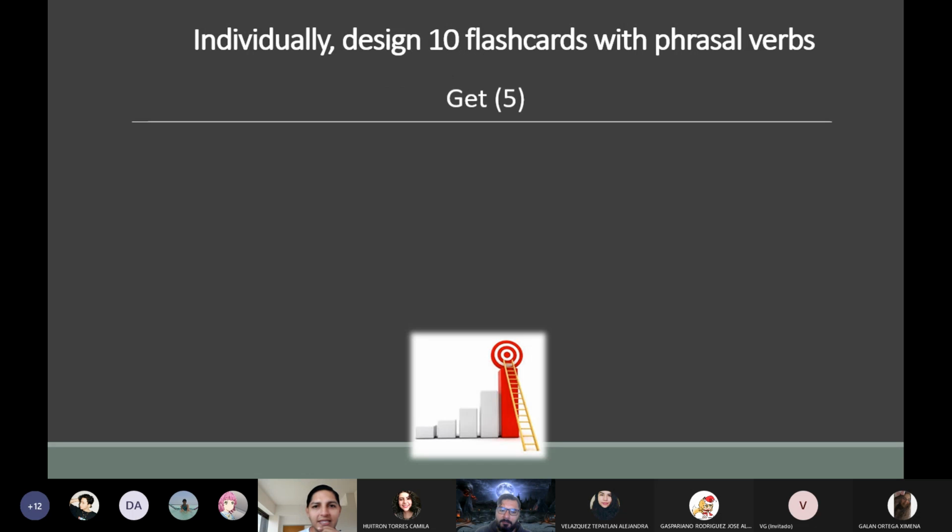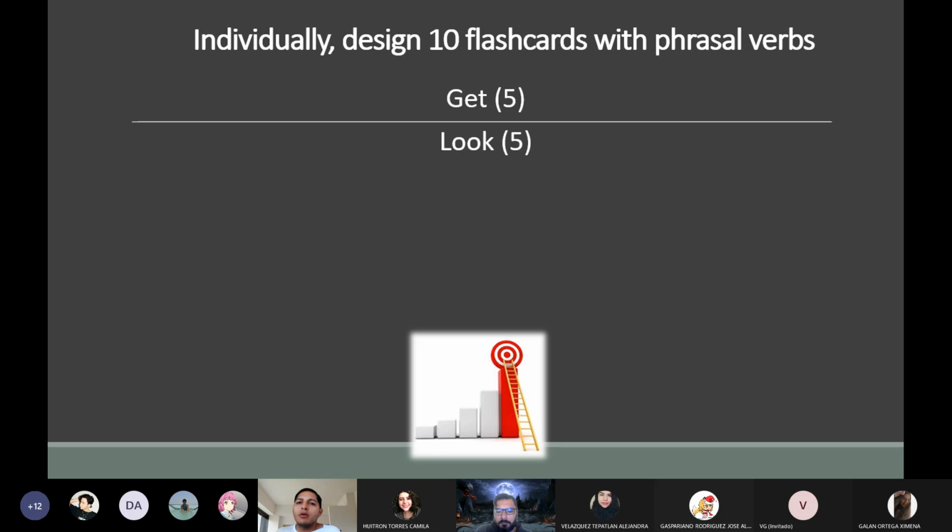Get and look. Because they are, let's say, the most common verbs you're going to find for the A1 and A2 level according to the Common European Framework of Reference for Languages.